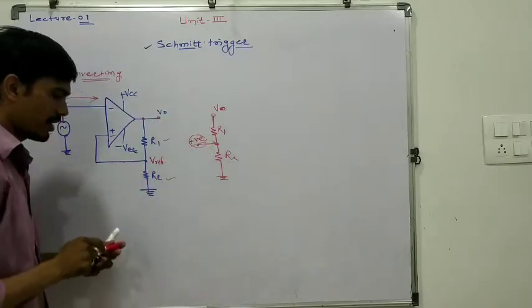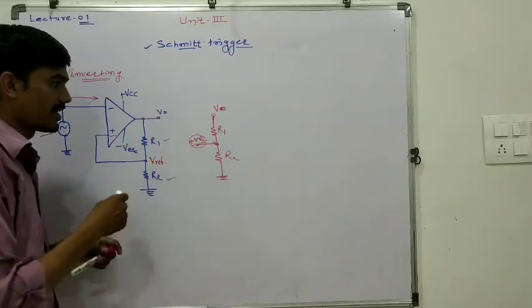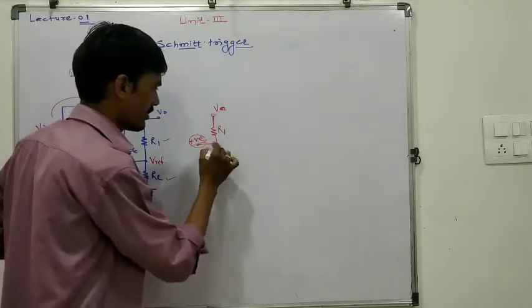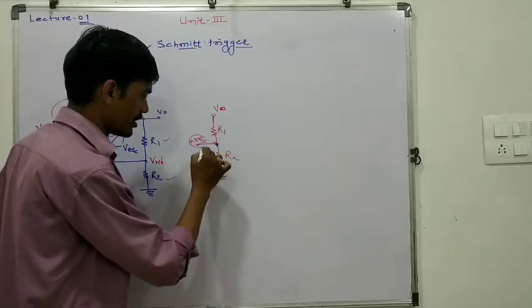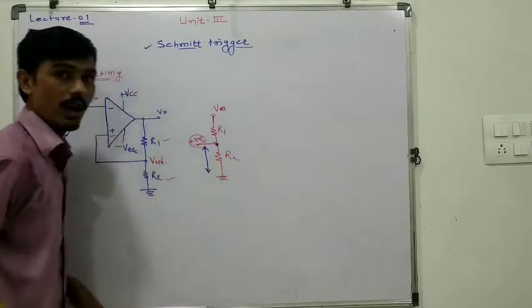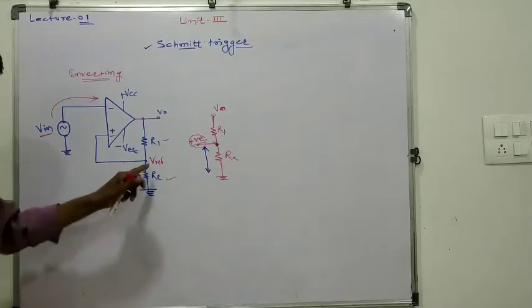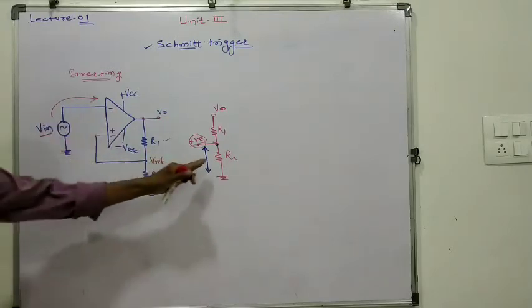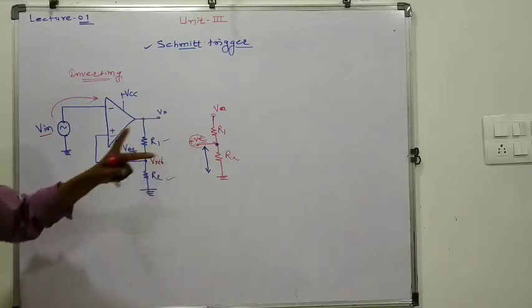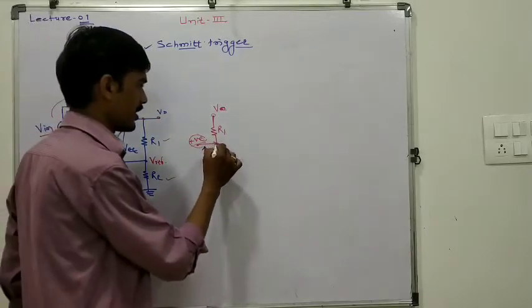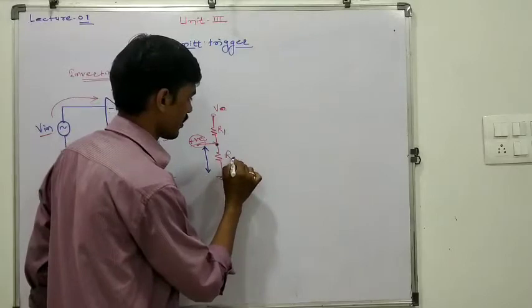If we want to calculate the voltage available at this point, ultimately it is nothing but the voltage across this resistance R2. So we name it V reference. What is V reference? Ultimately, V reference is nothing but the voltage across R2.